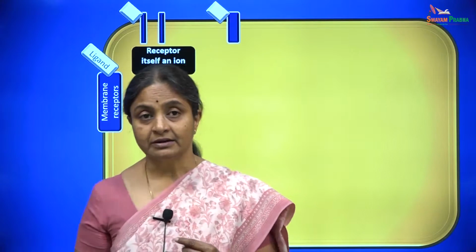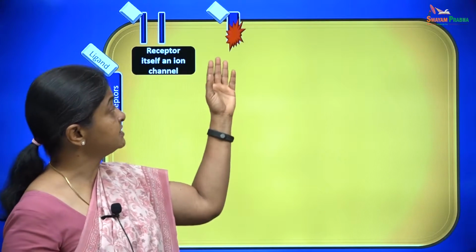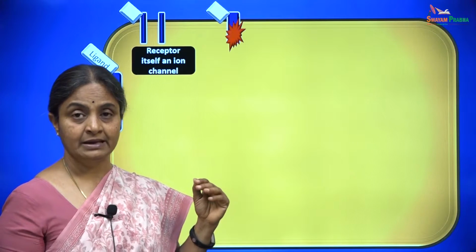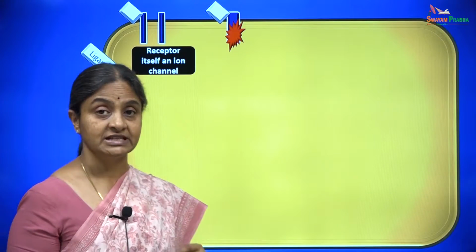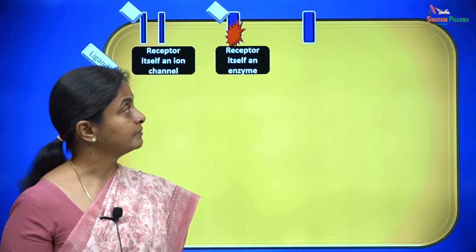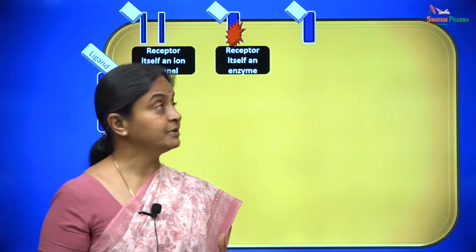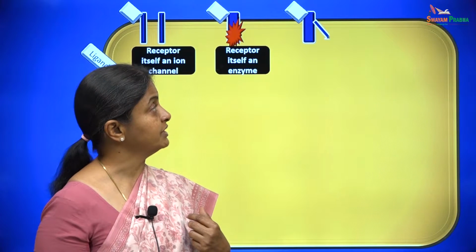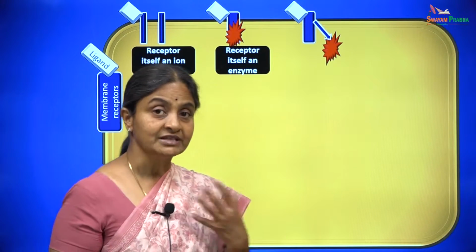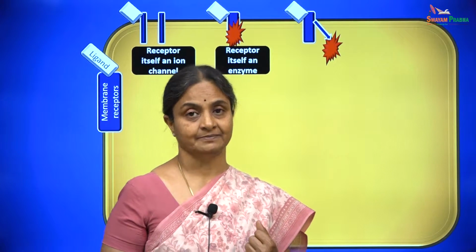The second one is where the receptor itself is an enzyme, and the ligand binding to the receptor activates the enzyme in the receptor. In the third type, the ligand receptor combination activates an enzyme within the cell.